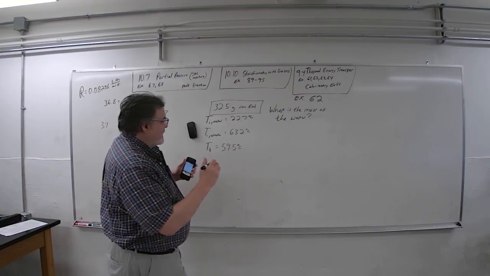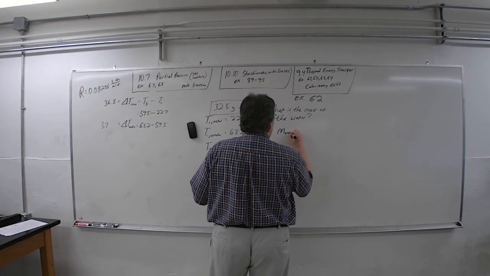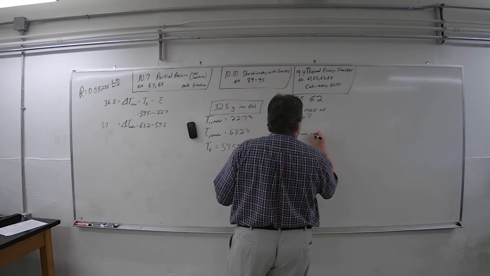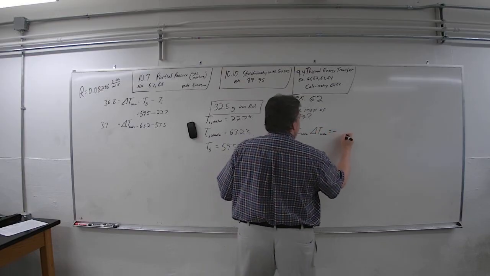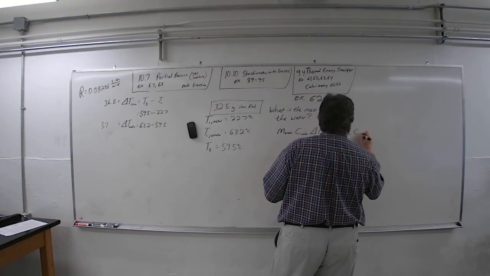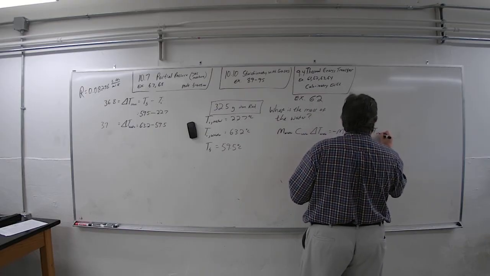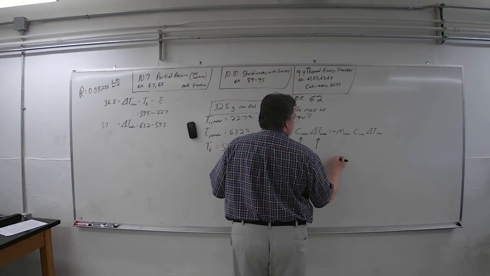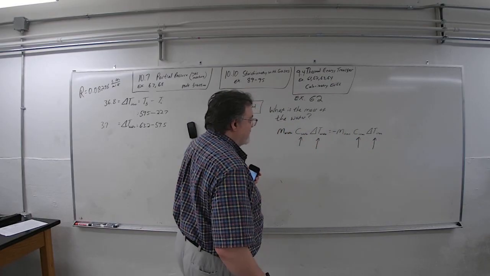Okay, so now the overall formula is the mass of the water, heat capacity of water, and delta T of water equals the negative of the mass of the iron, heat capacity of iron, delta T. The two heat capacities I'm representing as C there.